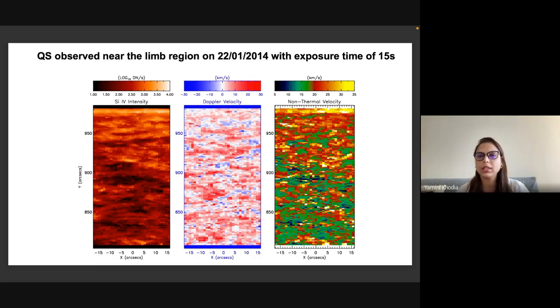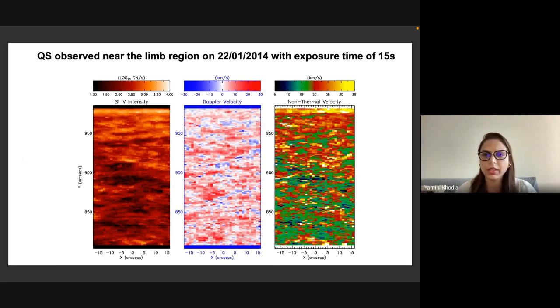And then we have this non-thermal velocity map, which is quite interesting because in this particular observation, we do have some of the limb region involved in this map. As you go higher up radially, you see there is an increase in non-thermal velocity.